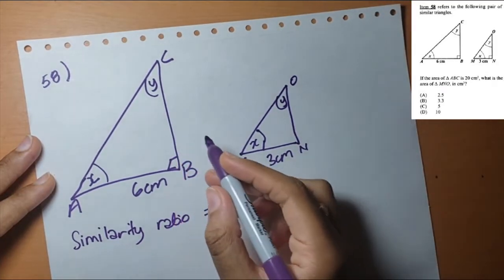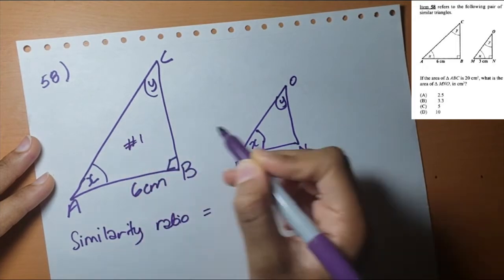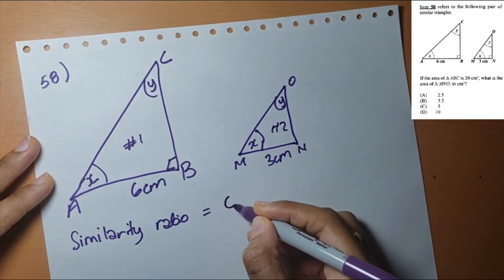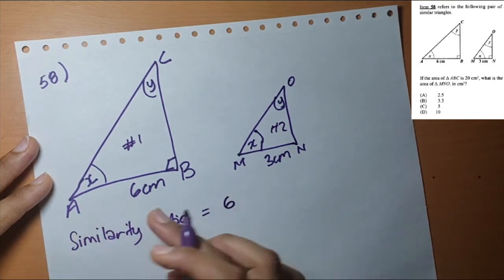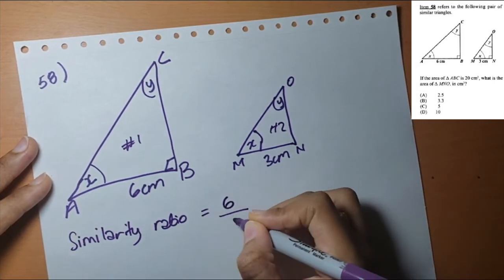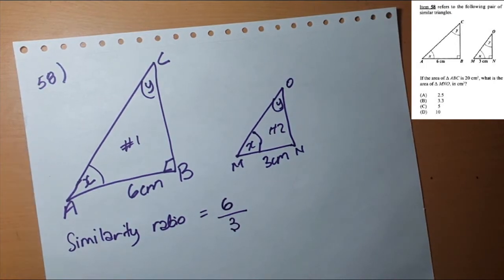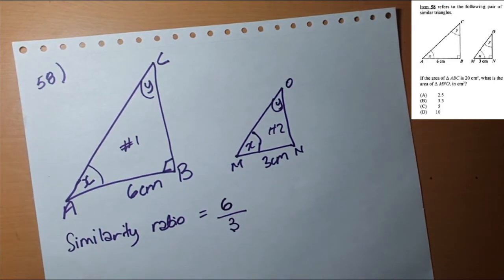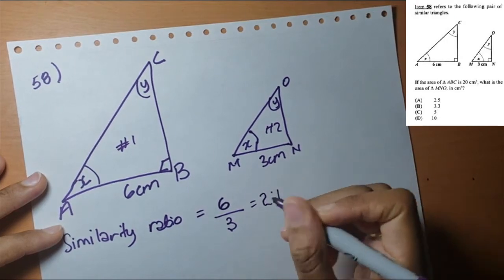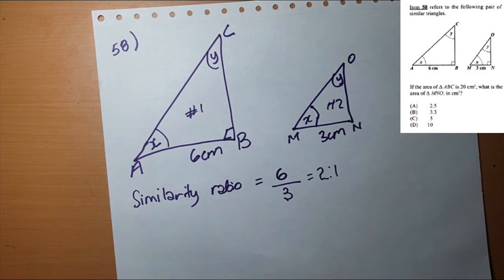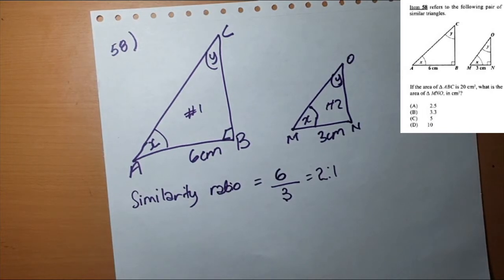So we know that triangle 1, we're going to call this one number 1, and we're going to call this one number 2. It is 6 centimeters on the base, and this one is 3 centimeters on the base. So we're basically trying to find the ratio of the sizes. It should be 2 to 1. So this one is twice the length of the other one. The ratio is 2 to 1 because one side is twice the length of the other side.